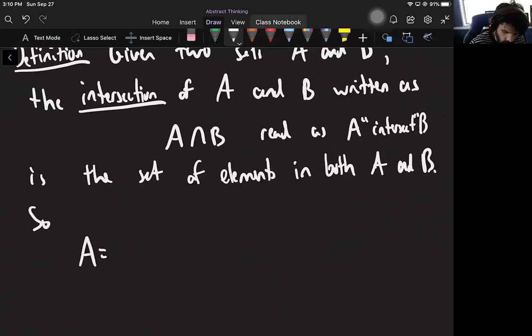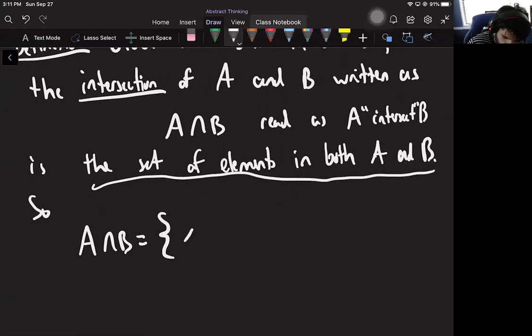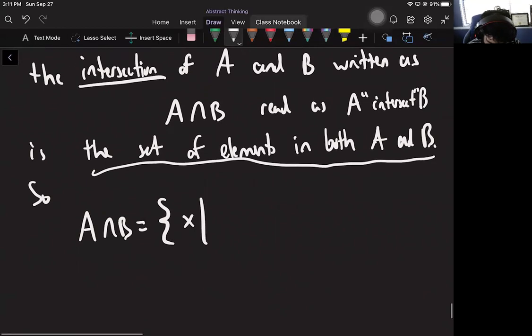So A intersect B is the set of, well, let's just think about what this is saying, the set of elements in both A and B. So it's the set of things, and what do I know about those things, those elements? I know that they're in A and they're in B. And that and is the mathy and.